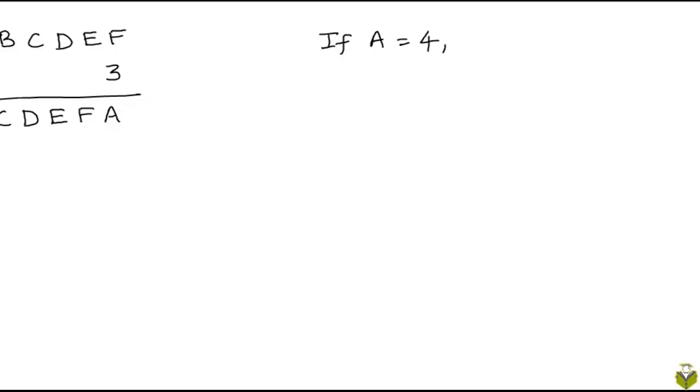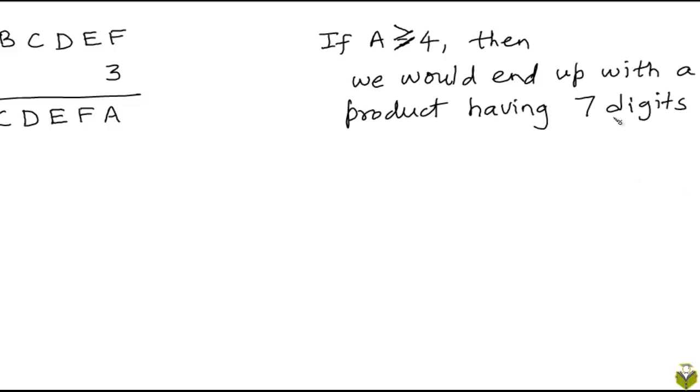Now how would we write that 12? We would write a 2 in this column, and then we would have an extra 1 in the next column. So the result would be a 7-digit number, not a 6-digit number. So if we put A equal to any digit greater than or equal to 4, then we would end up with at least a 7-digit product, not 6 digits.